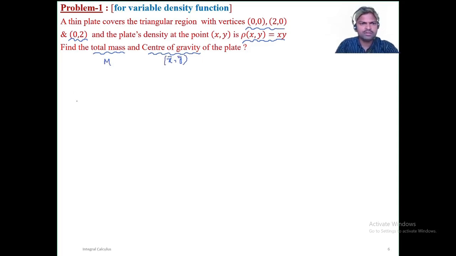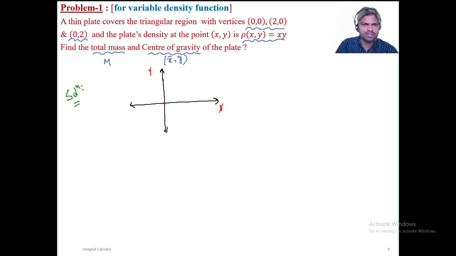Now let's just draw the graph first. This is the x axis and this is the y axis. Now let us mark the points. First one is the origin, (0, 0). The next one, (2, 0), is on the x axis.